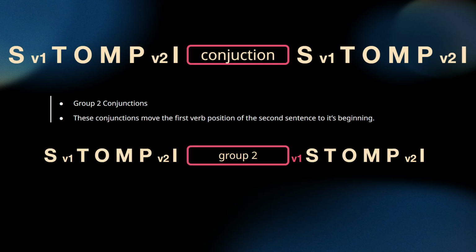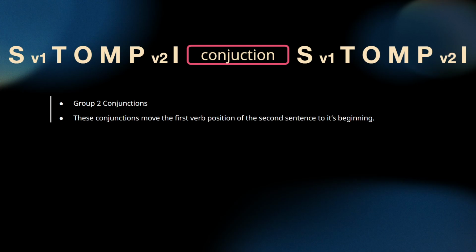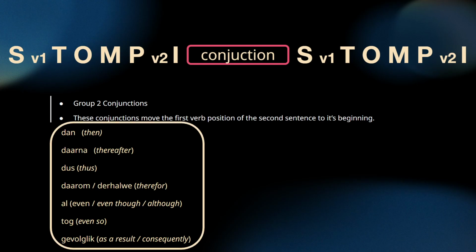Now let's take a look at group 2 conjunctions. These conjunctions change the sentence directly after it to move the first verb position to the beginning of the sentence. Some people also say that it moves it next to the conjunction, but let's rather say it moves it to the front of its own sentence. So these are the examples.